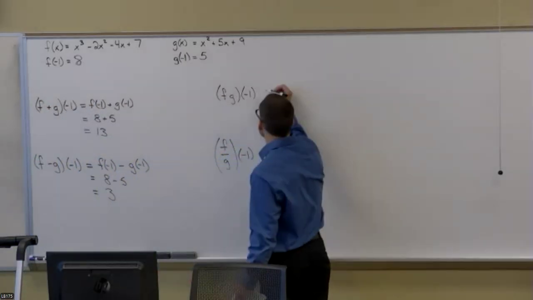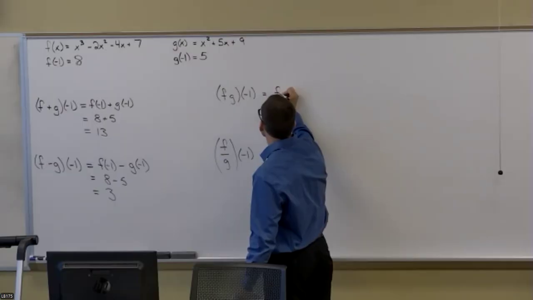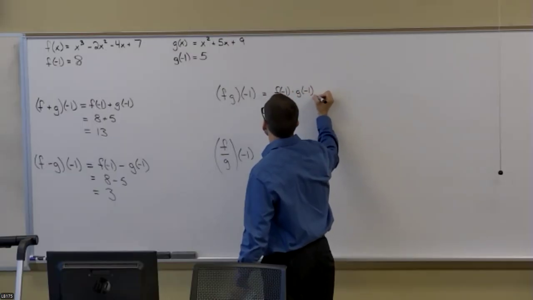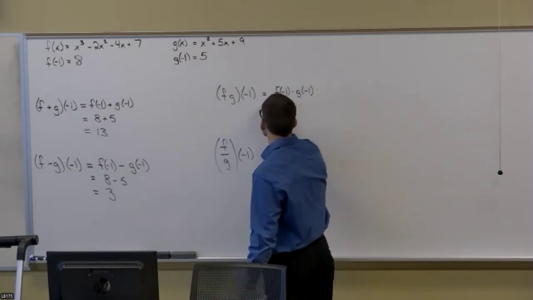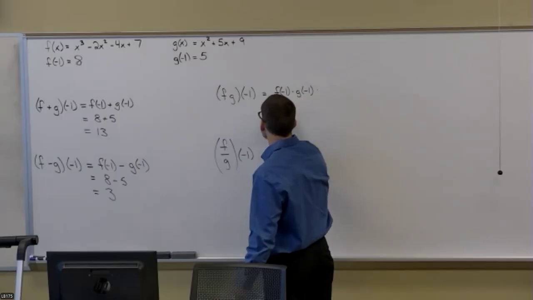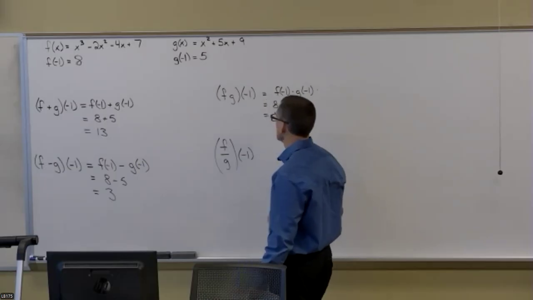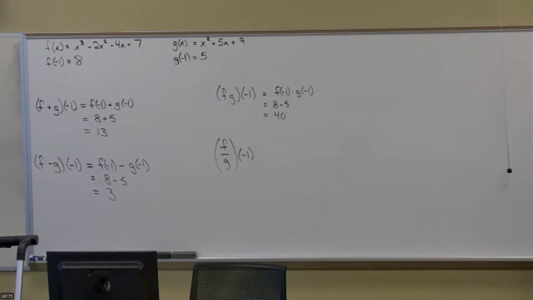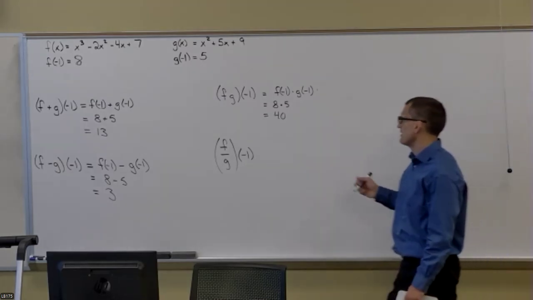F times g of -1. F of -1 times g of -1 is 8 times 5, which is 40. F divided by g of -1.